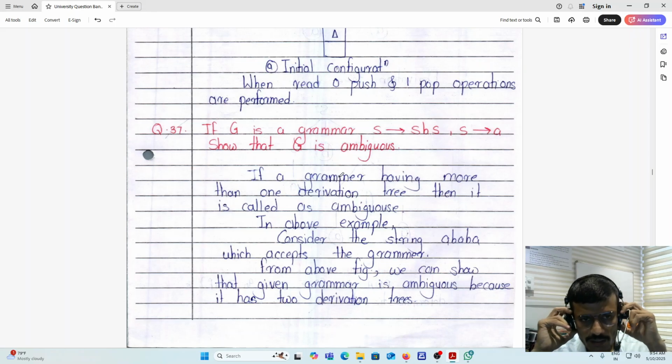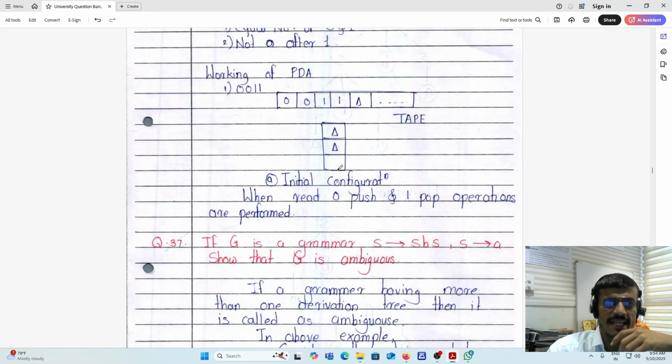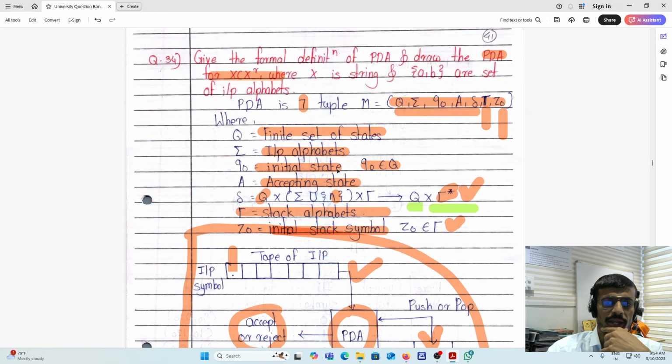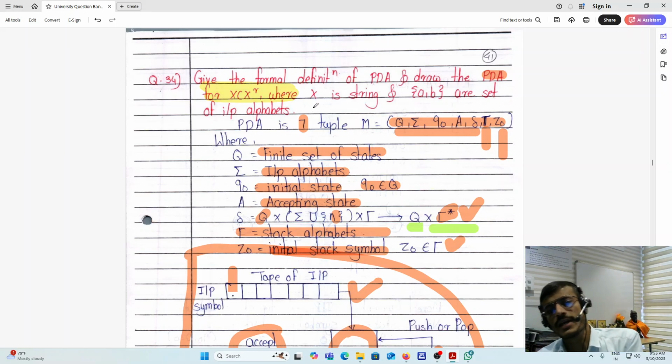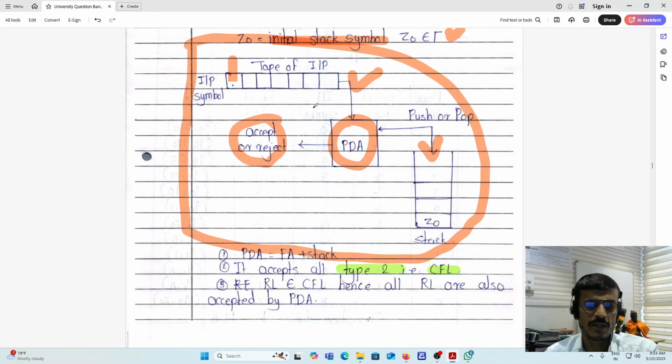Fine. Now the next question, this example will be discussed later on. Don't worry, this example I already have in my notes. This example of XCX^R, we'll explain later on. You can see a reference over there.